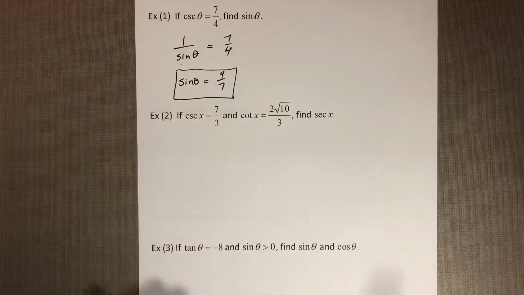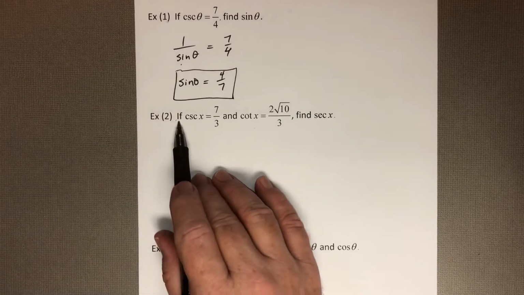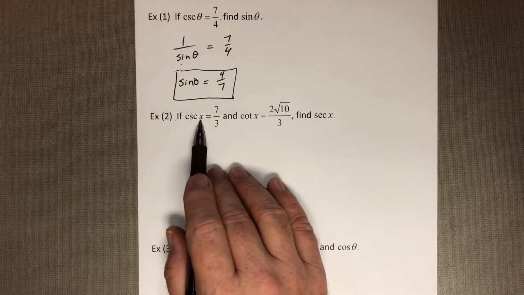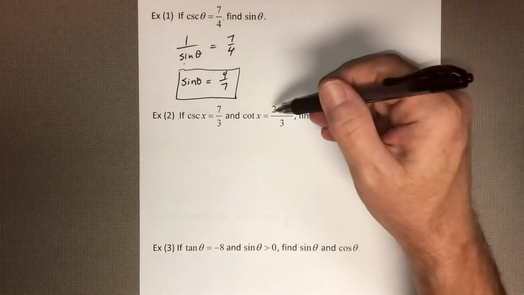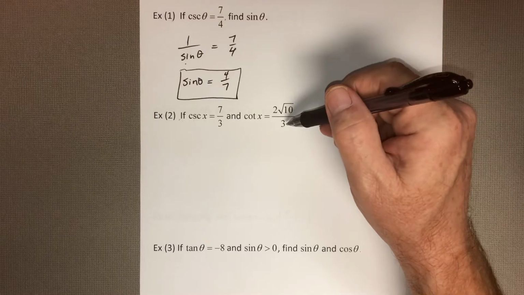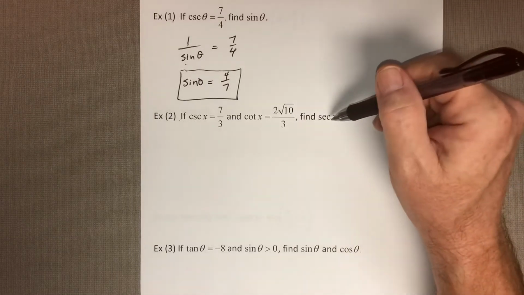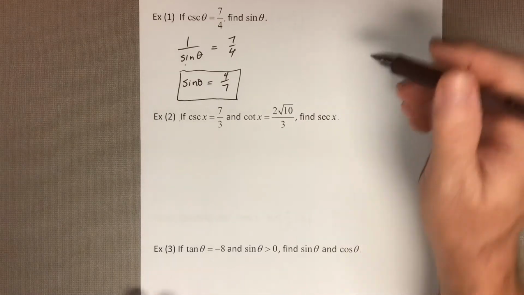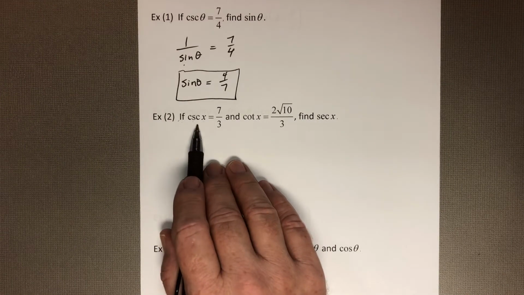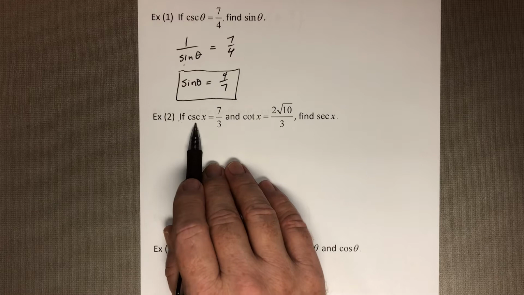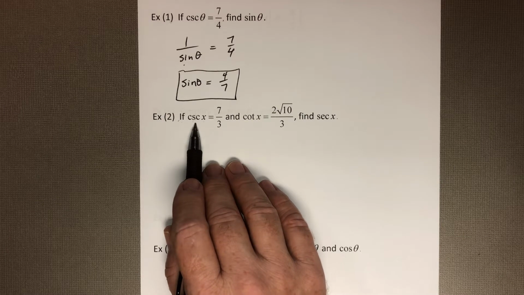In number 2, it says, if the cosecant of x is 7/3 and the cotangent of x is 2 times the square root of 10 over 3, find the secant of x. Okay, well, let's start with the cosecant. That is also the reciprocal of the sine, all right?